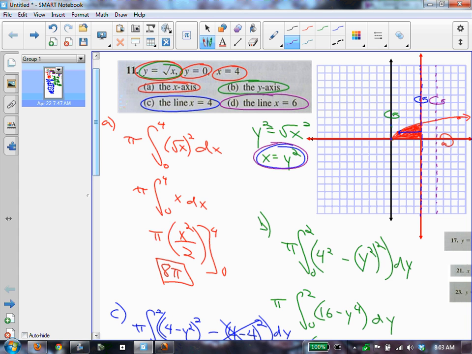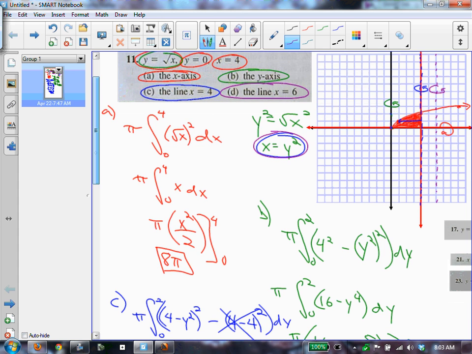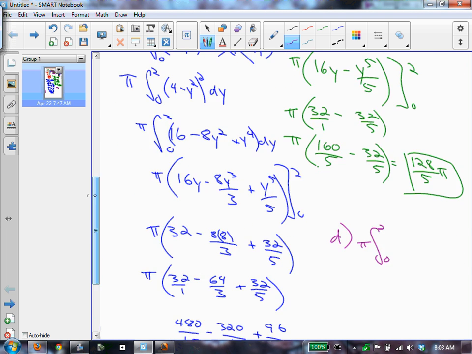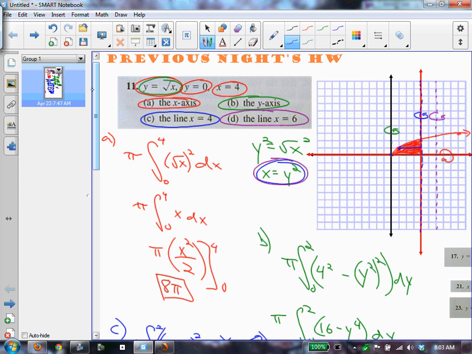And this one's going to be much clearer on using the washer, I think, for you. So I'm going to have my integral, the pi out here, still going from 0 to 2. Now, we start at my axis of rotation, and we go outer. Okay, and where I started then, so we'll go 6 minus y squared.